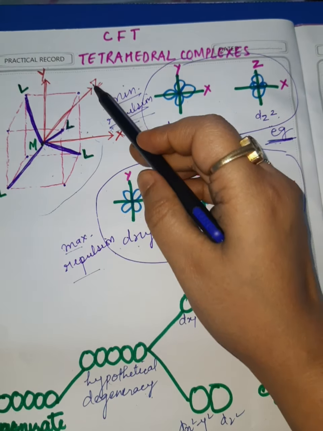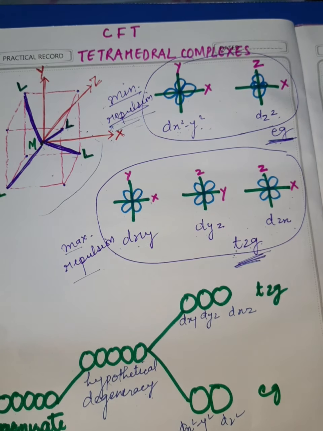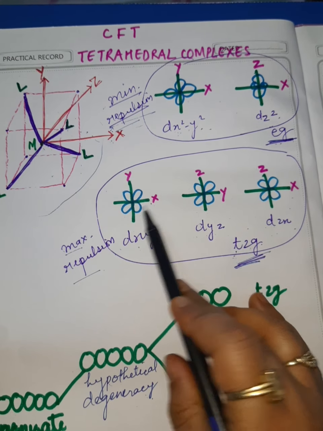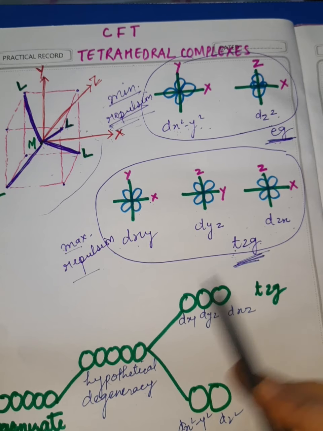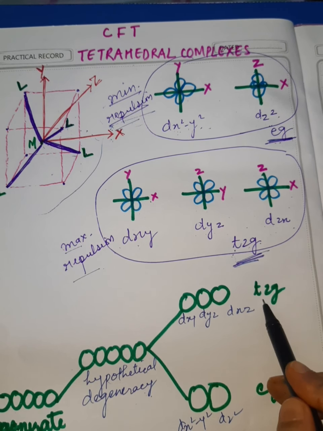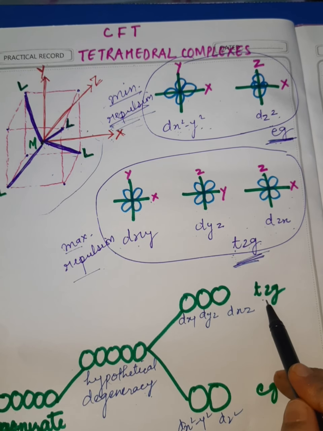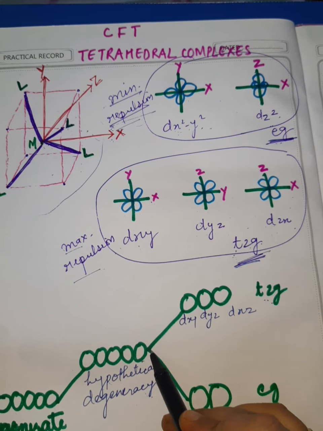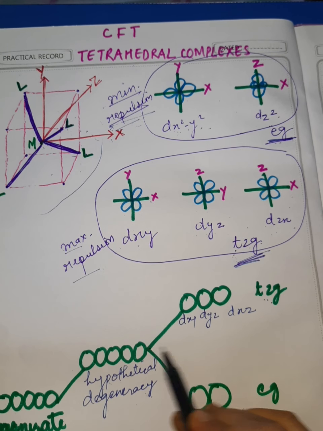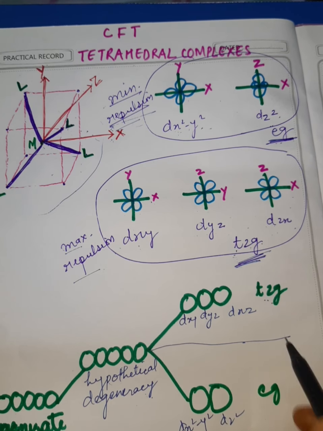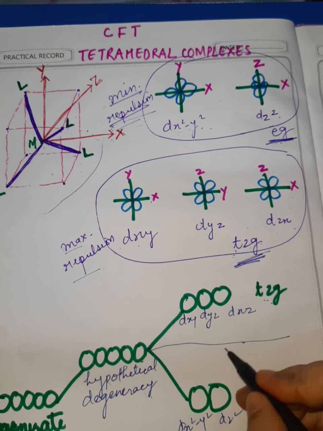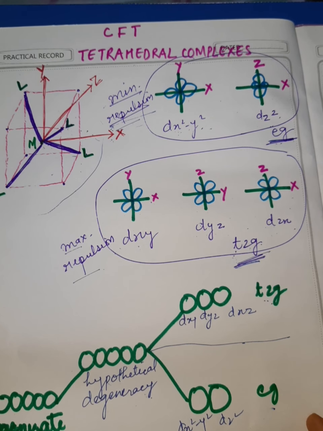Since ligands are approaching from the space between the axes, the orbitals between the axes, that is T2G, get the maximum repulsion. So the energy of the T2G set orbitals is more than the hypothetical degeneracy. Clear? And the EG set has energy lesser than the hypothetical degeneracy. Why?